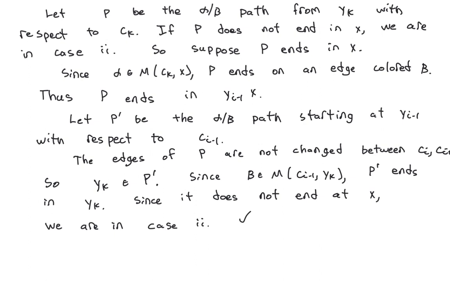And since beta happens to be a missing color at that vertex with respect to the (i-1)st coloring, this tells us that P' has to end in Y_k, even though it started at Y_{i-1}. And so since it does not end at X, we finally find an alternating path, and so we're in case 2 again, with respect to this coloring C_{i-1}.